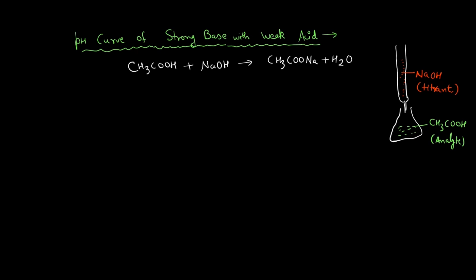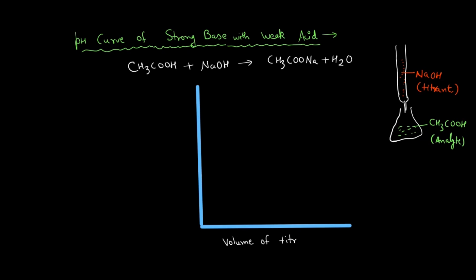So let us draw the pH curve for this. This is our y-axis and this is our x-axis. And we are going to draw this pH curve, and our x-axis is the volume of titrant, which is sodium hydroxide.